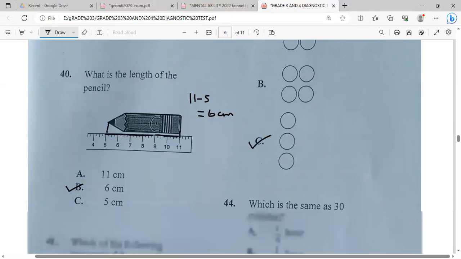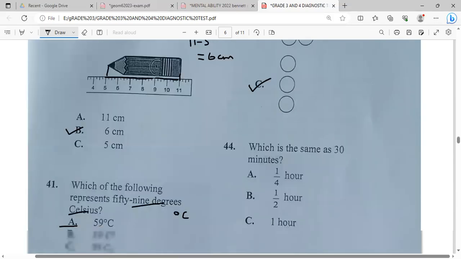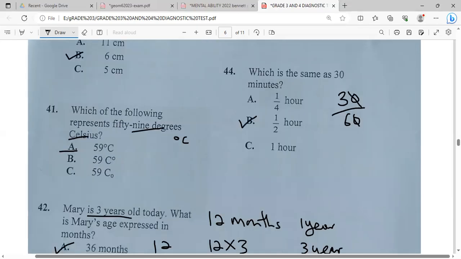All right, let's move on to 44, which is the same as 30 minutes. Now, 30 minutes is half of an hour, and the reason for that, 60 minutes make 1 hour. So the fraction is 30 over 60, and we break it out, we get half of an hour. And that's what you guys normally take to watch a cartoon.